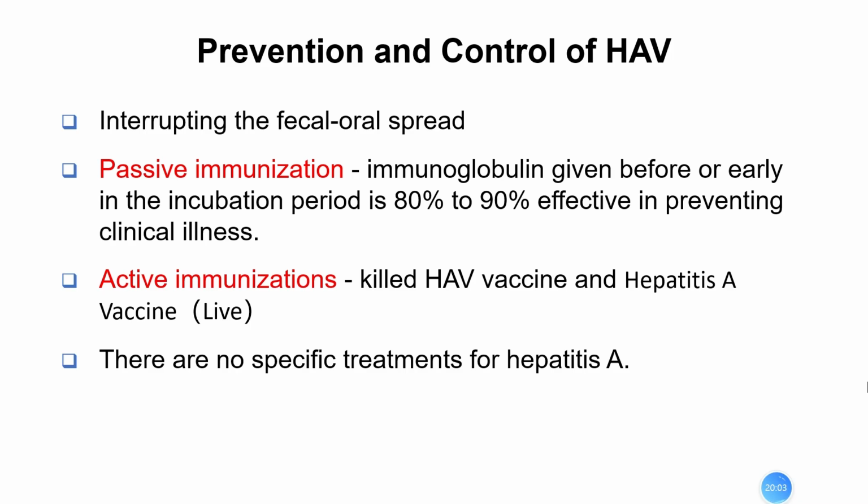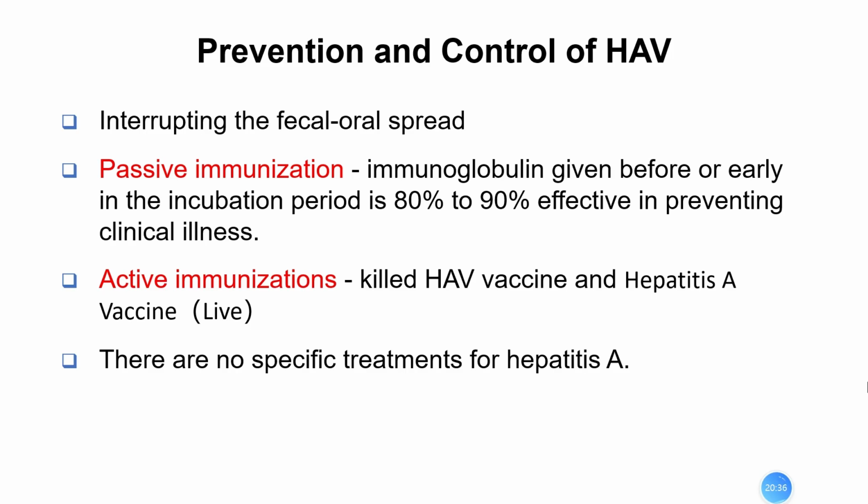That can prevent 80 to 90% of clinical disease symptoms. So that's passive immunization. After exposure, we use antibody to block the infection. Or we can use active immunization. You know the meaning of active immunization?